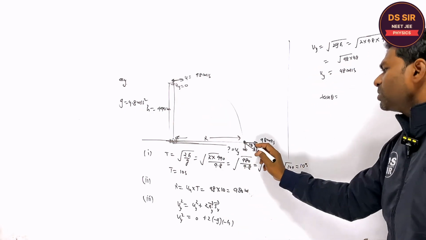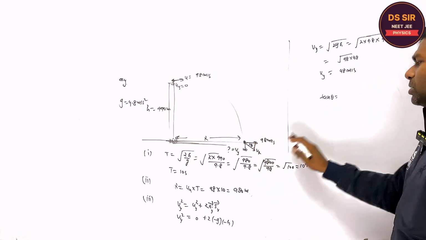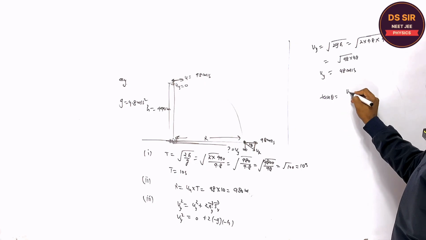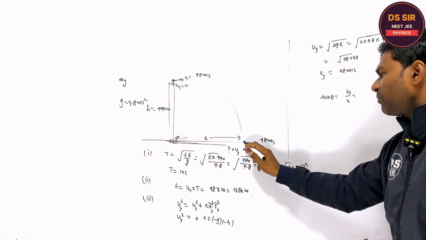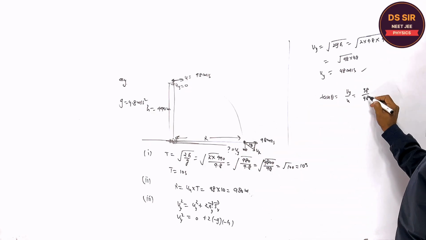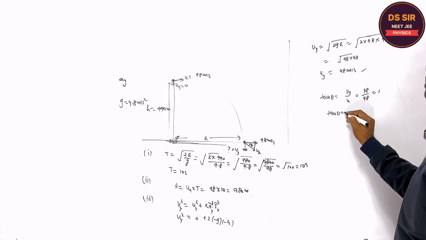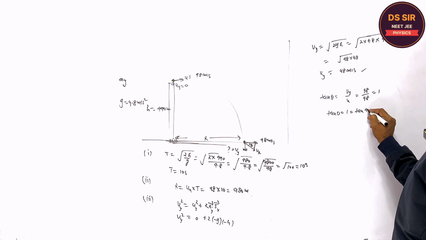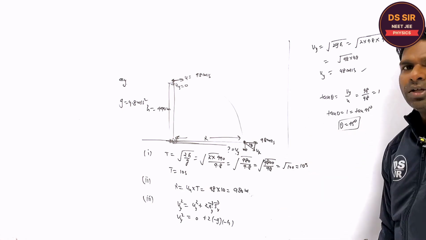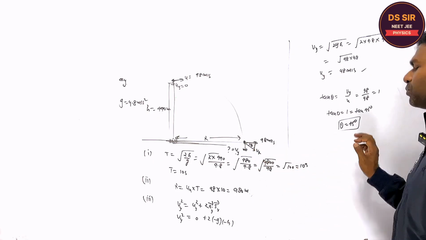The tan theta is Vy upon Ux, so 98 divided by 98, so it is equal to 1. So tan theta is equal to 1, which is tan 45 degree. And the theta is equal to what? Say 45 degree. So the angle with which it hit the ground is 45 degree.